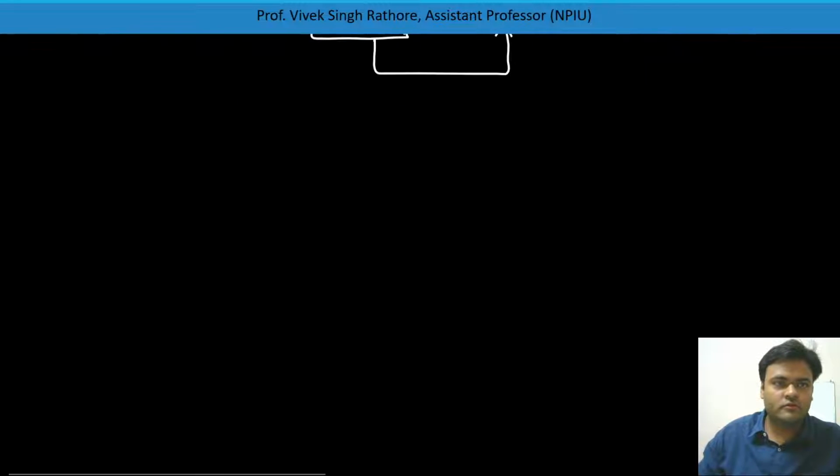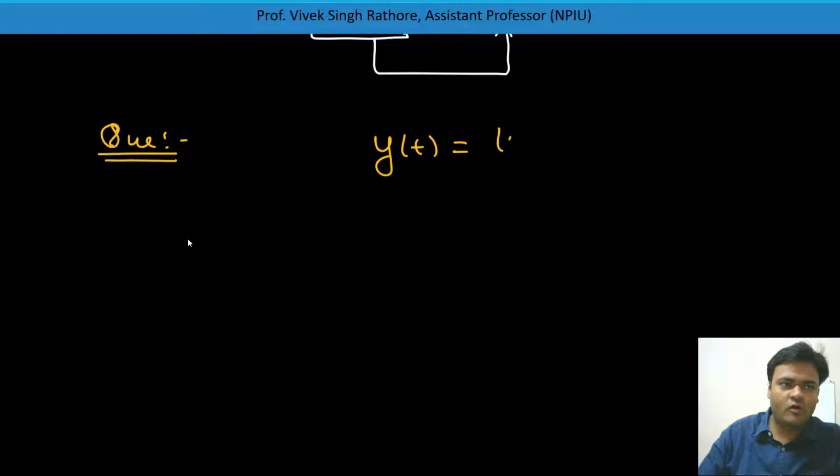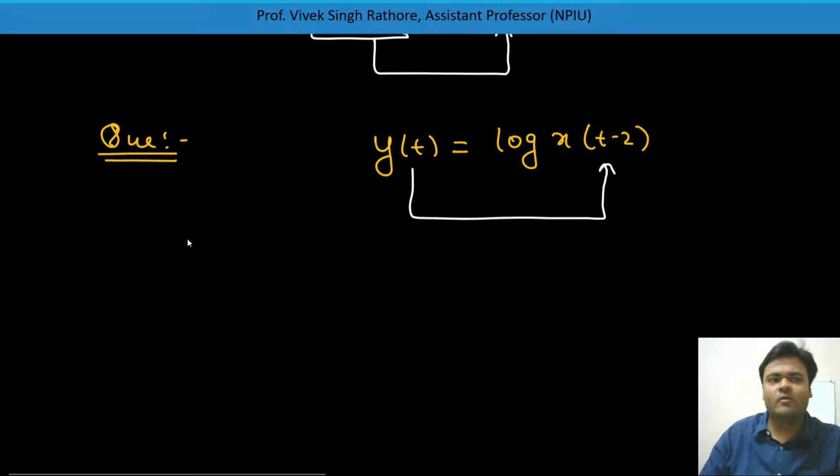Now we'll see some more examples and how it works on other types of systems also. If the given question is y of t equal to log of x of t minus 2, then in the expression you can see it is dependent only on the past value, whatever the value may be.